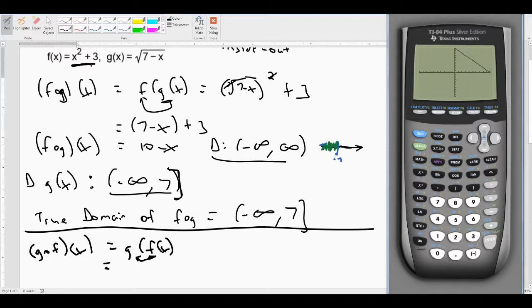Well, this is our inside function, x squared plus 3, and it's going to go inside the g. Which means we're going to take the g, which is the square root of 7 minus, but then we're not going to do x. We're going to do empty parentheses, because f is going to go inside there. f is x squared plus 3. Take the whole thing, substitute in for the x. And then we just clean it up.